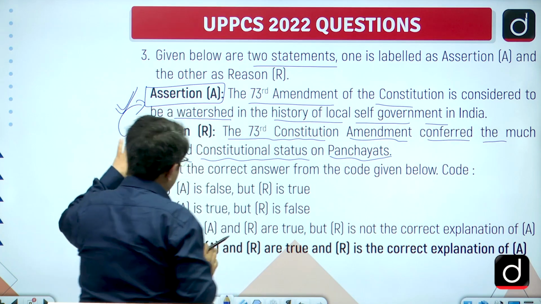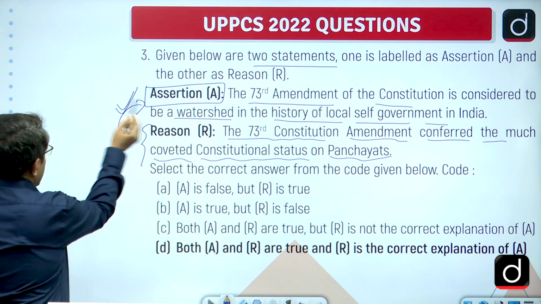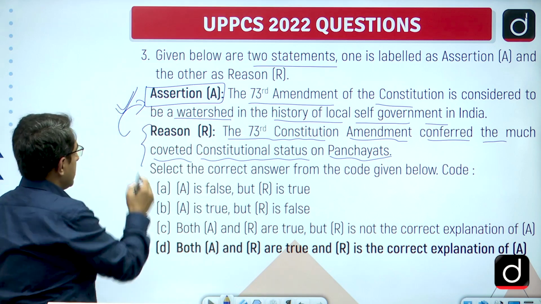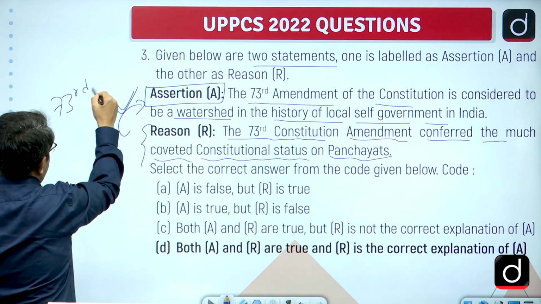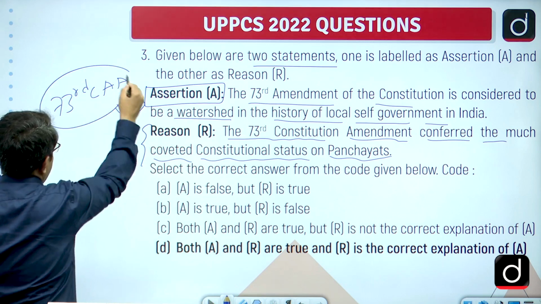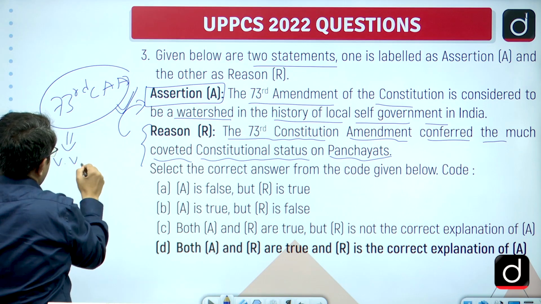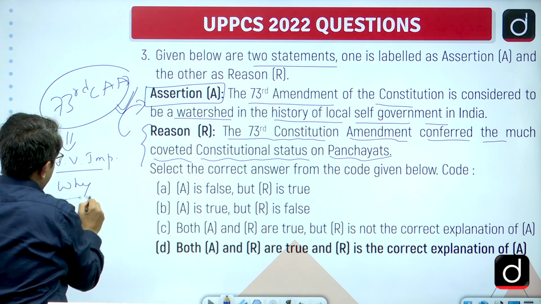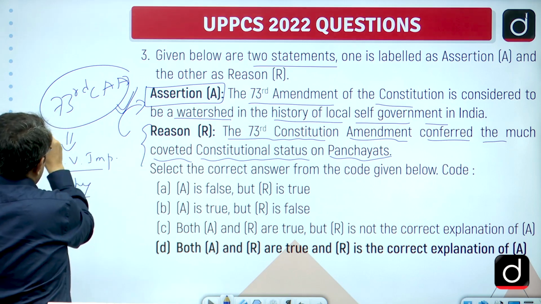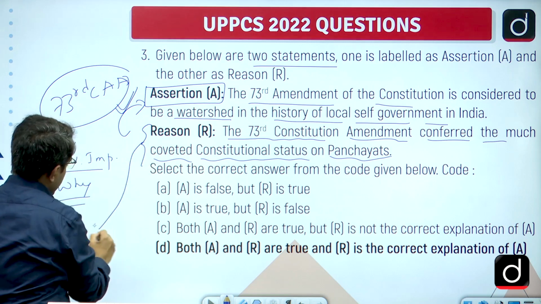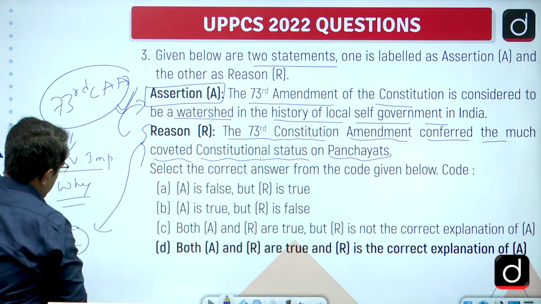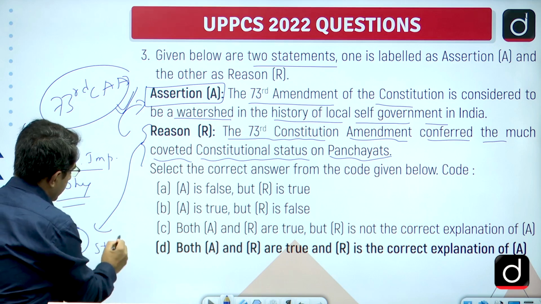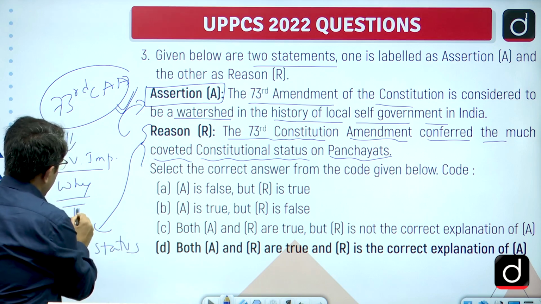What we need to see is whether this is the reason for this. Are these connected? Definitely, the first statement is saying that the 73rd Constitutional Amendment Act is very important. Now, the question is, why is it important? Is R explaining it? R is saying that this is important because constitutional status was given, right.